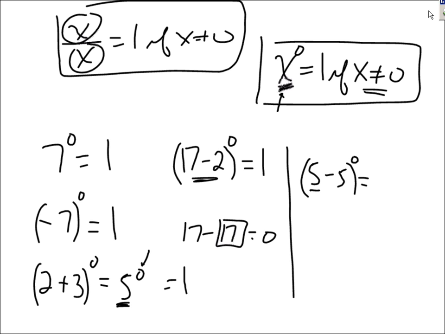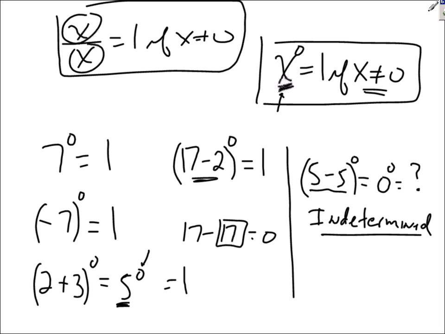You should say, well, 5 minus 5 is 0. Oh, 0 to the 0 power, I don't know what that is. It's called indeterminate. We can't determine it. Okay, that finishes the section on whole number exponents.